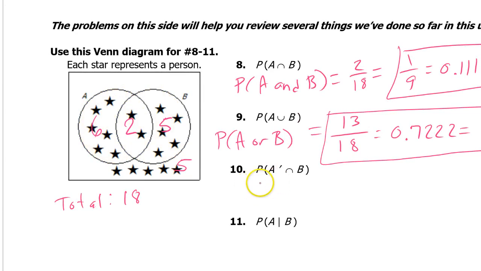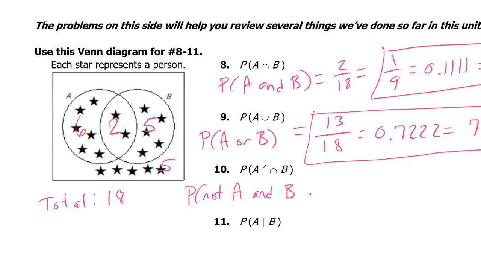Next we want the probability of not A and B. So not A is everything that's outside of A. So we want to be inside of B, but not inside of A. So we're talking about this region right here.